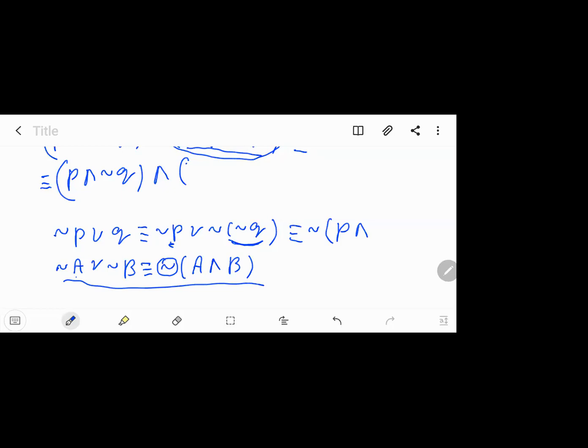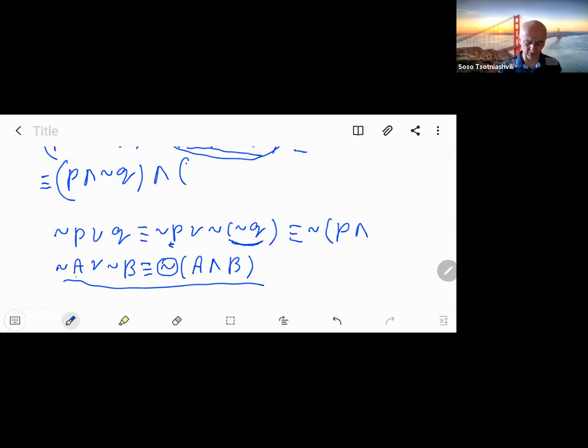Not Q. Very good, not Q, because if you compare with the general formula of De Morgan's rule, it's exactly not Q.